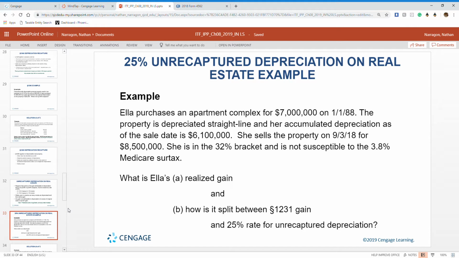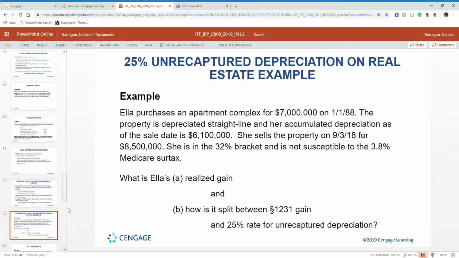So, Elia, however, they purchased an apartment complex for $7 million in 1988. Way to go them. That thing has to be worth a lot more. But the property is depreciated straight line, and her accumulated depreciation as of the sell date is $6,100,000.